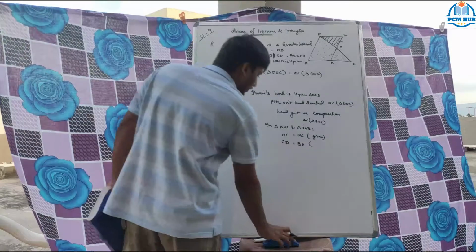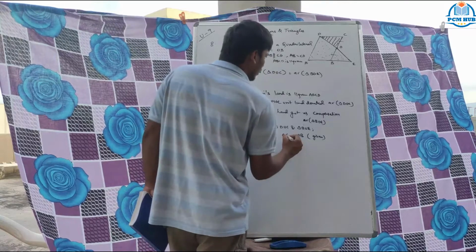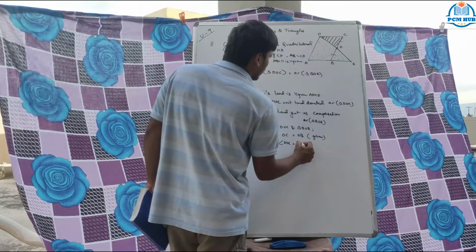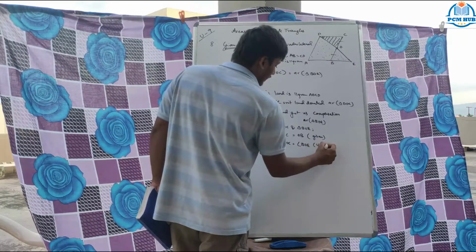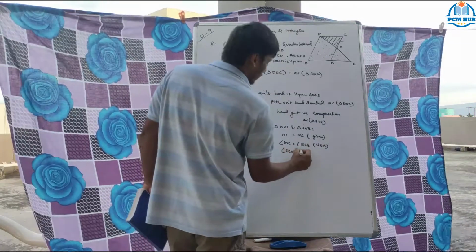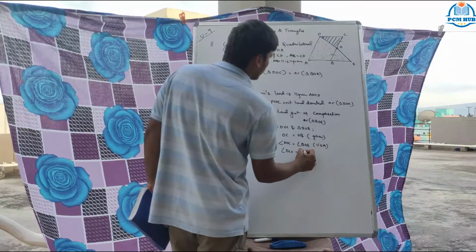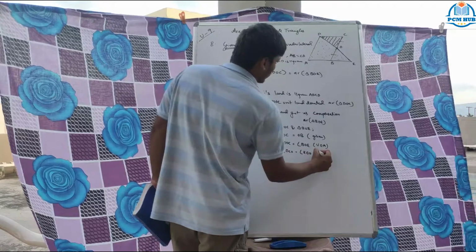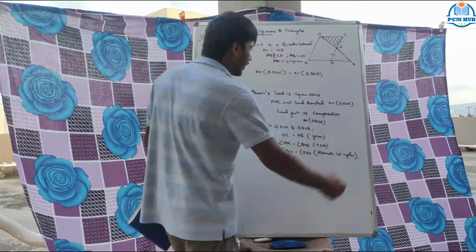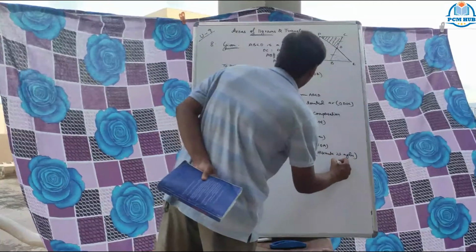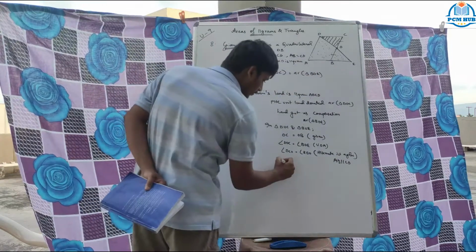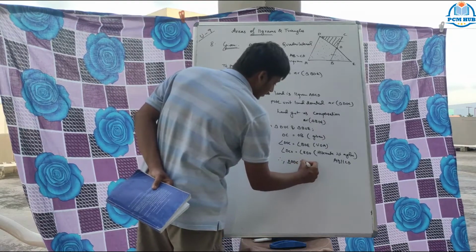We can take angle DOC equal to angle BOE, vertically opposite angles, and we have angle DCO equal to angle EBO, alternate interior angles, as AB is parallel to CD. Therefore triangle DOC is congruent to triangle BOE.